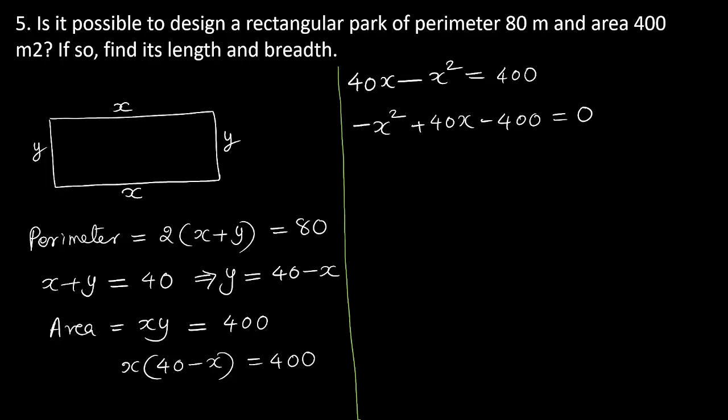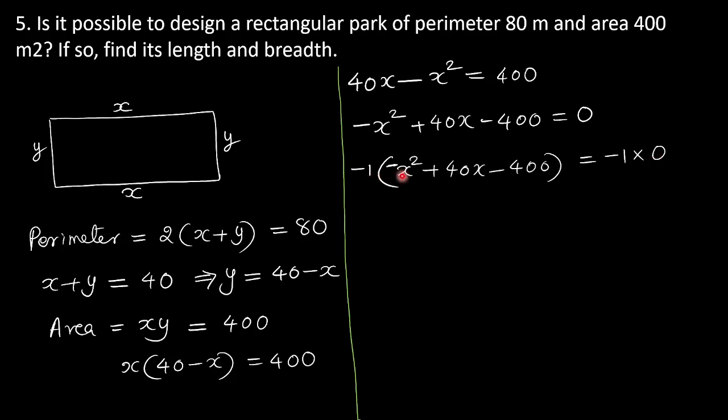But I told you we prefer the coefficient of x square as a positive number. So let me multiply the left side and right side by minus 1 to remove the negative sign. This step is required, you must write it.